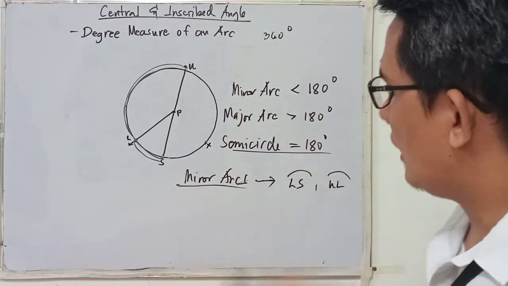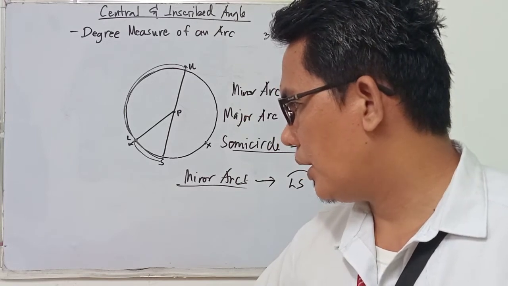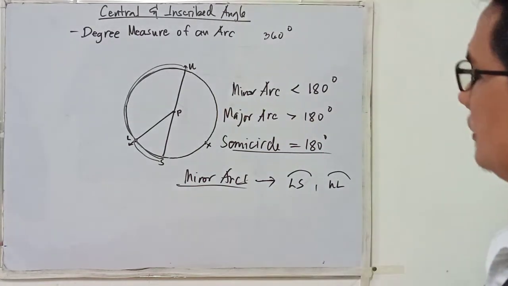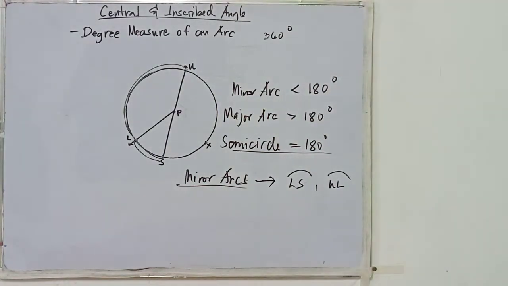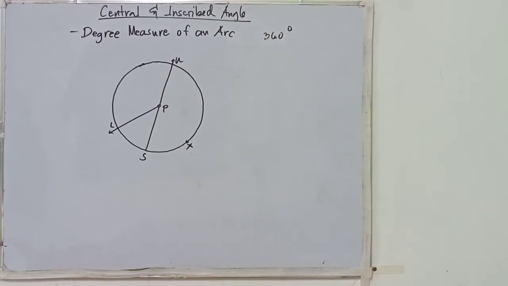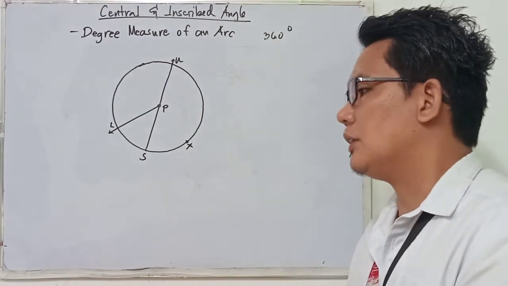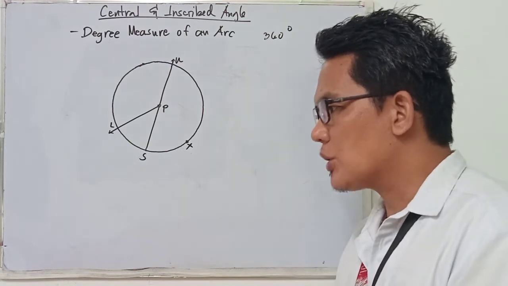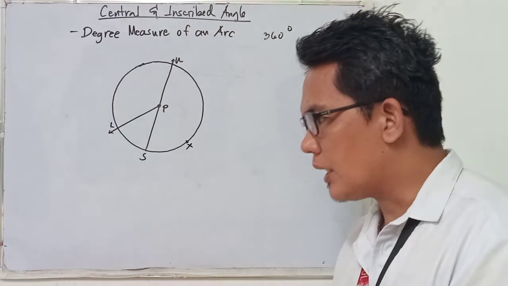So let us proceed now to the degree measure of an arc. Using the same figure, number one, the degree measure of a minor arc is the measure of the central angle which intercepts the arc.